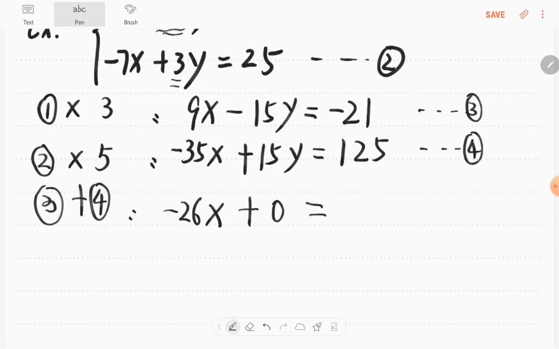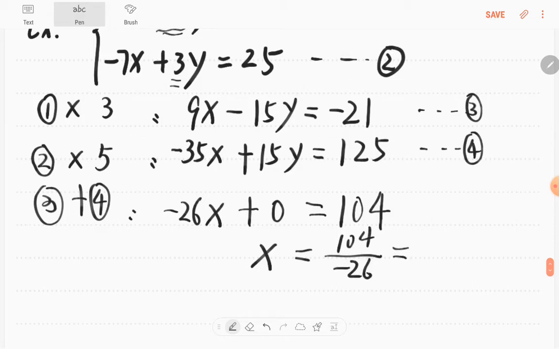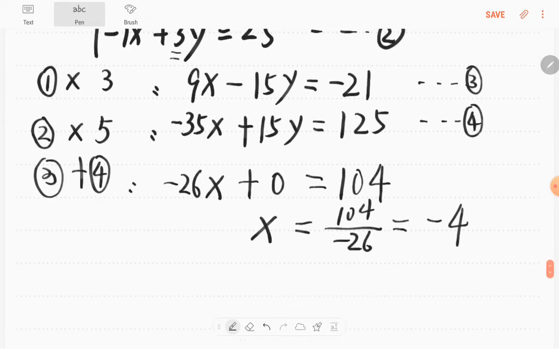And the right side would be 104, right? So you solve this by dividing by negative 26, so x equals 104 divided by negative 26. So this would be negative 4 if you use a calculator.